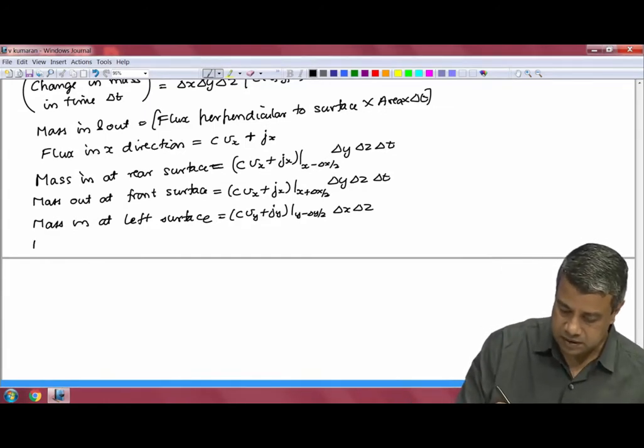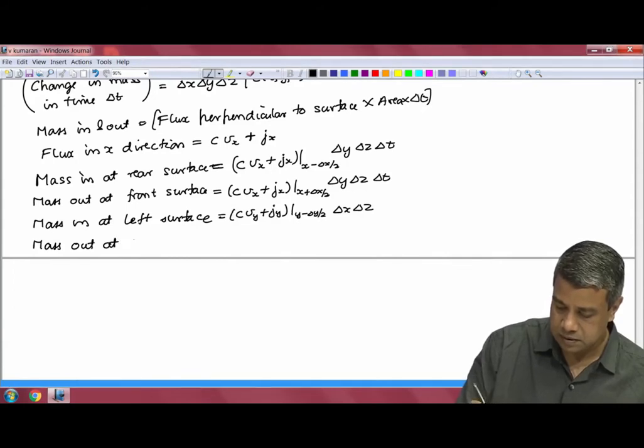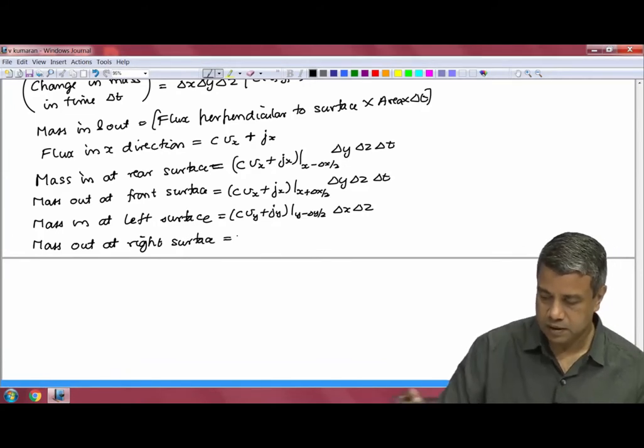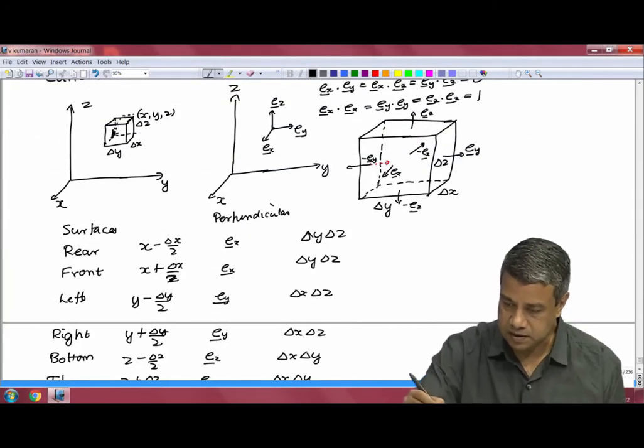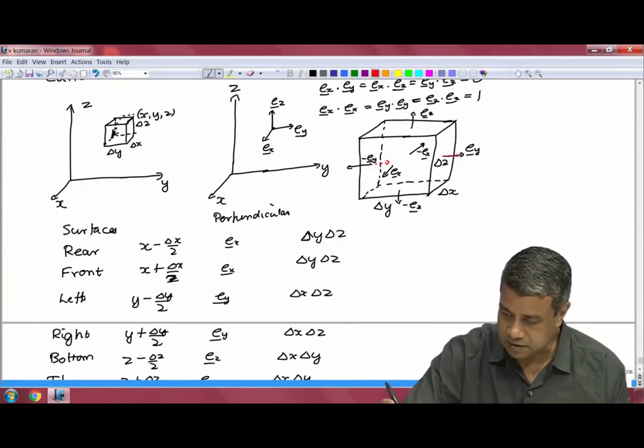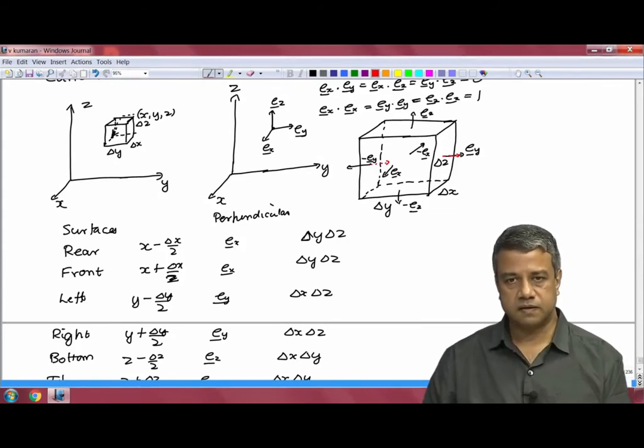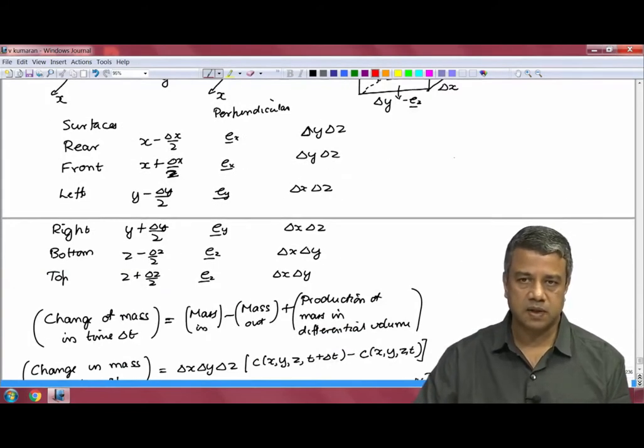And then on the right surface, there is mass going out. At the right surface, if the flux is in the plus y direction, then the mass is leaving the surface.